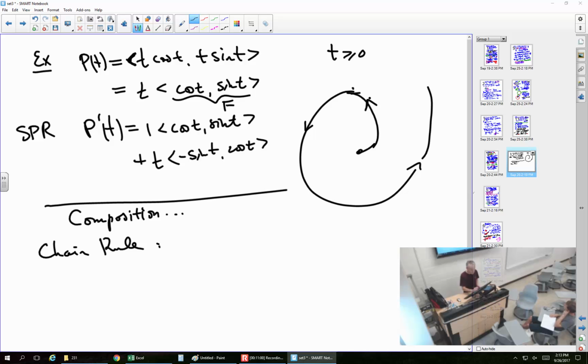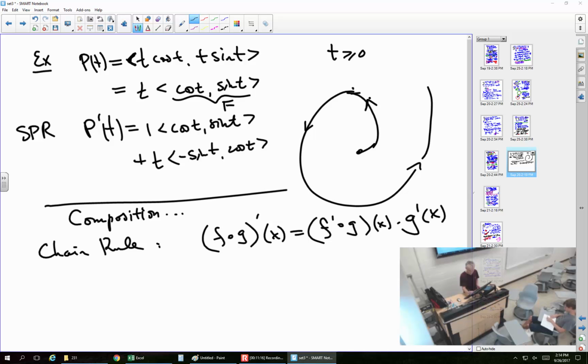Say f of g, prime of x, is f prime of g of x times g prime of x. In other words, the derivative of the composition is equal to the product of the derivatives.